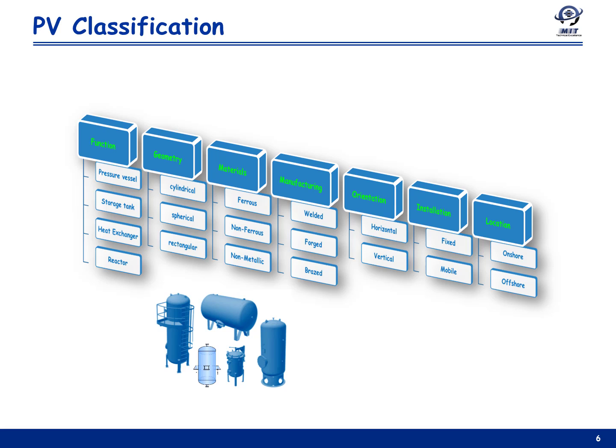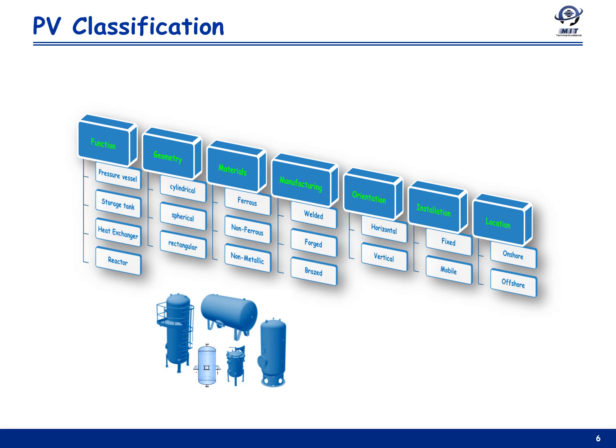Pressure vessels can be classified in a number of ways. First is due to function. It can be a simple vessel or a storage tank, a heat exchanger, or even a reactor. Then due to geometry, it can have a cylindrical shape or a spherical shape or a rectangular shape, or even a cylindrical shape with a conical transition. Due to metallurgy, it can be ferrous, that is, it has iron as its basic constituent, non-ferrous and even non-metallic.